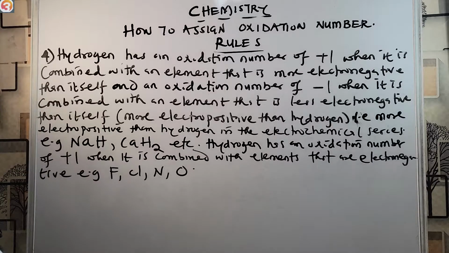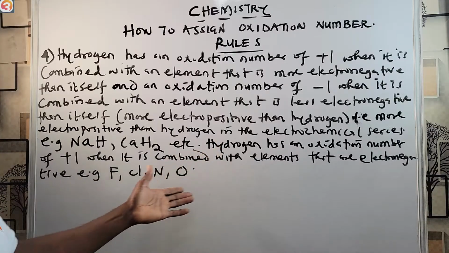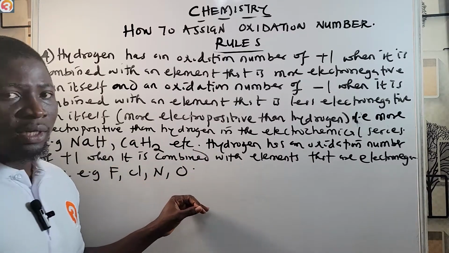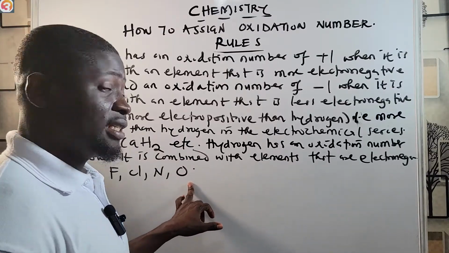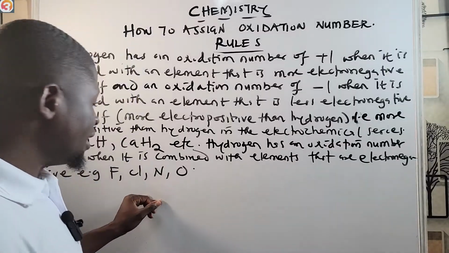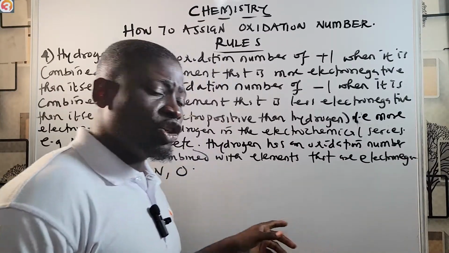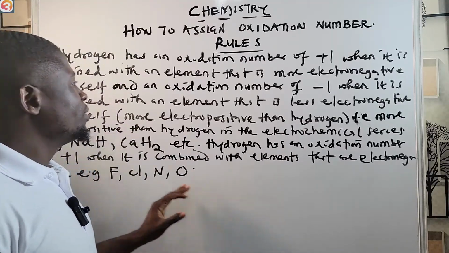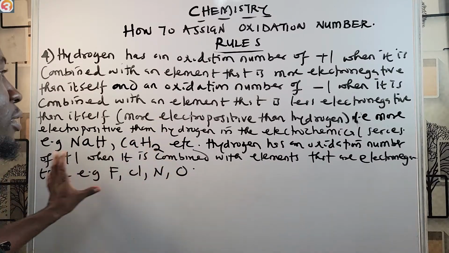All these elements are electronegative. When hydrogen combines with them, it will have an oxidation number of plus 1. For example, in H2O, hydrogen is plus 1. Hydrogen fluoride, hydrogen chloride, hydrogen cyanide, they all have an oxidation number of plus 1 in those kinds of compounds. Are you there? So that is the fourth rule that guides how to assign oxidation number.